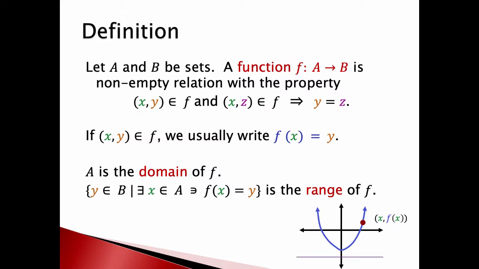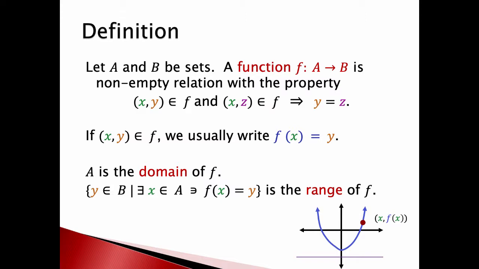On the other hand, if I drew a line a little bit below that, something down around like -4 or -5, way below this, then for that y, there's no graph there. That line does not intersect the graph. That means for that value of y, there isn't an x that I could plug into the function and get that y out. So that y value would not be a part of the range.